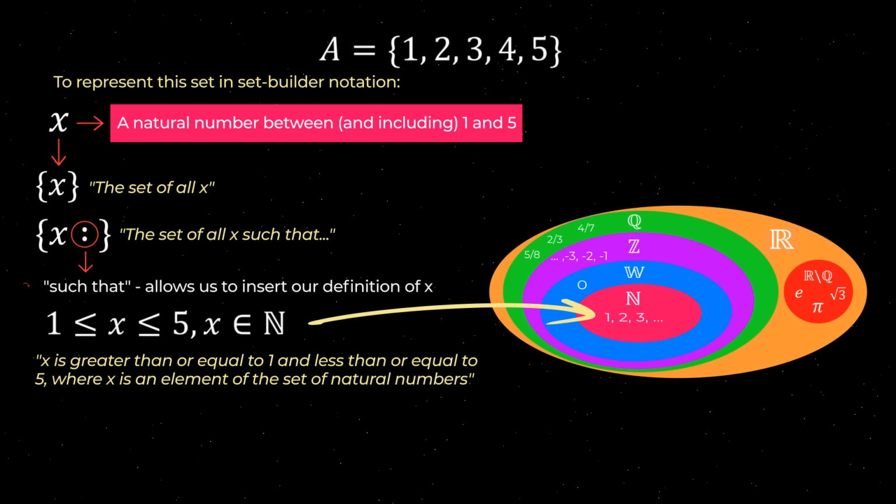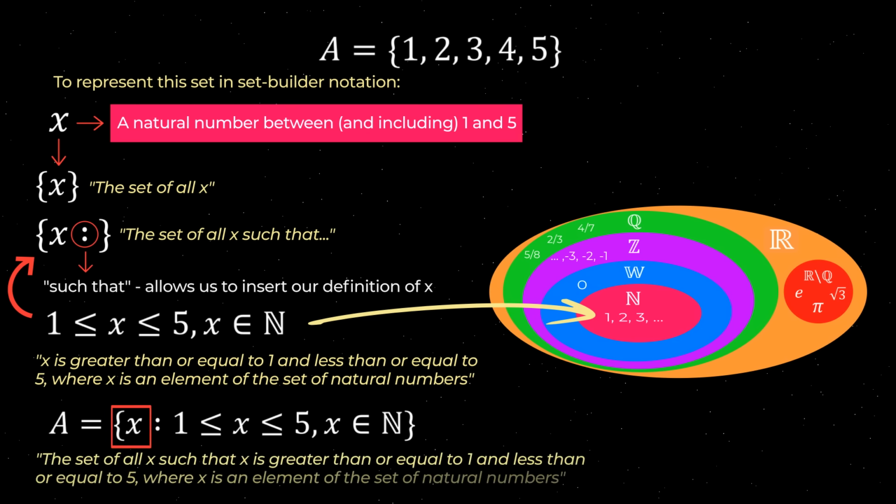Inserting this definition into the set presented above, we obtain the following. Therefore, set A in set builder notation can be described as the set of all x such that x is greater than or equal to 1 and less than or equal to 5, where x is an element of the set of natural numbers.